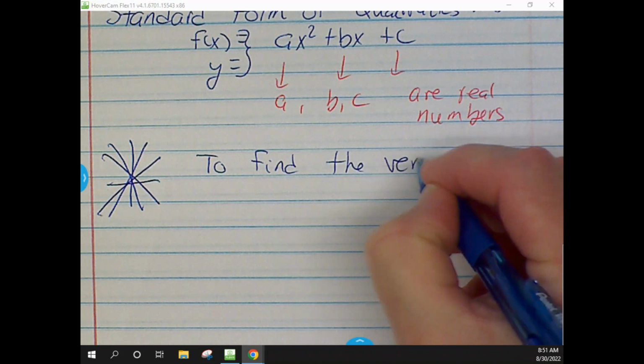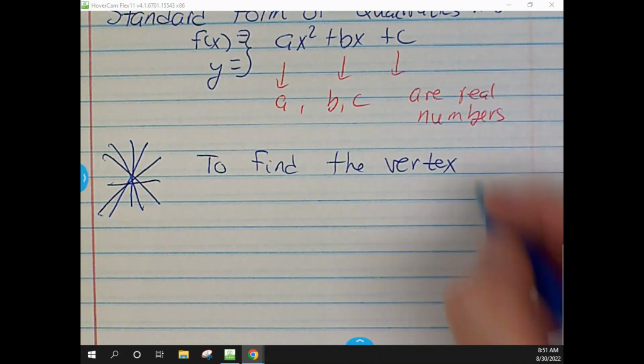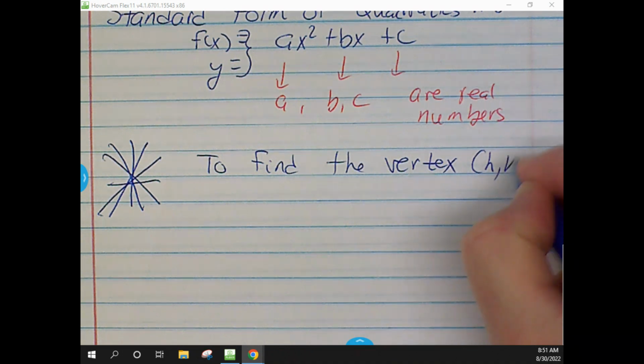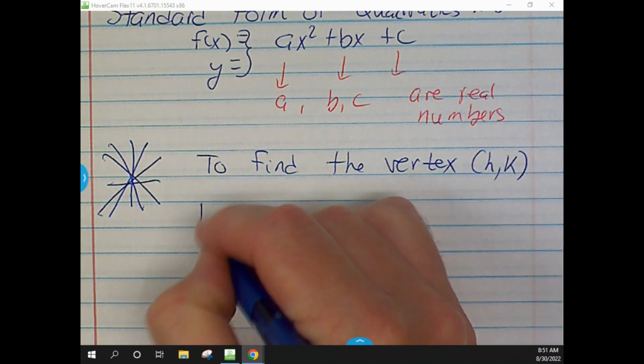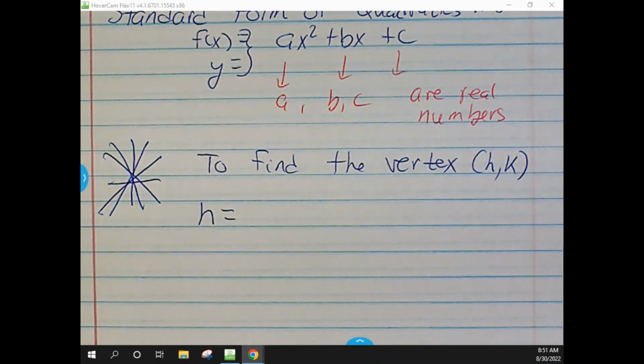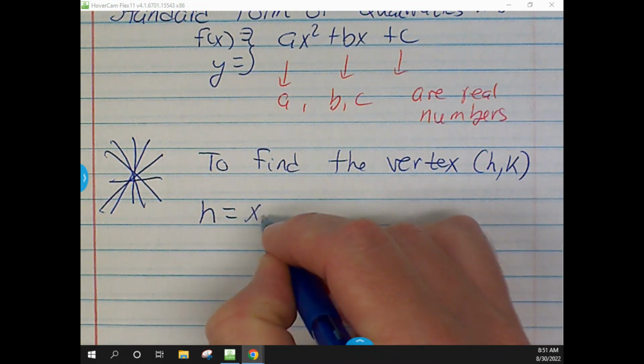To find the vertex, which again we said is (h, k), taking out those two numbers that we had, h is actually really easy to find. h is your x value of your vertex.